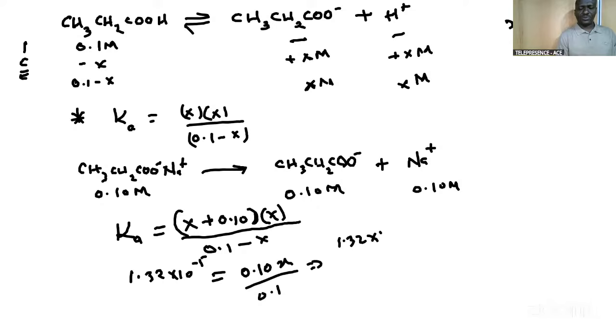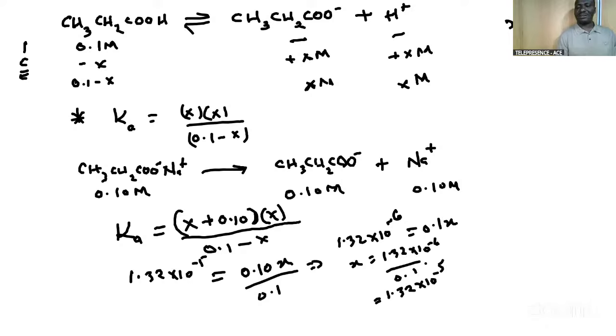So that we can say that 1.32 times 10 to the power of minus 6, because when you cross multiply, that's what you get, will be equal to 0.1X, and X therefore will be equal to 1.32 times 10 to the power of minus 6 over 0.1. And of course, that will give me 1.32 times 10 to the power of minus 5.